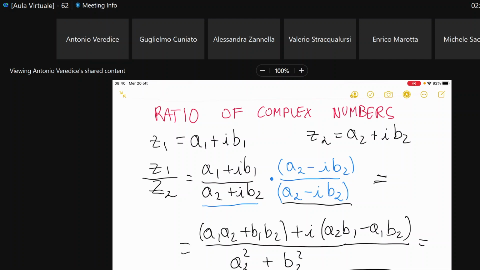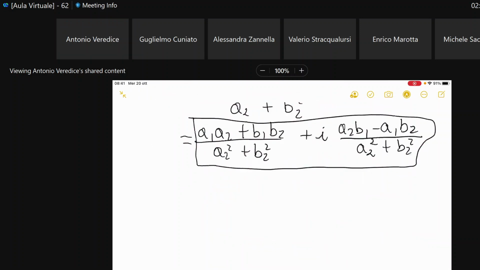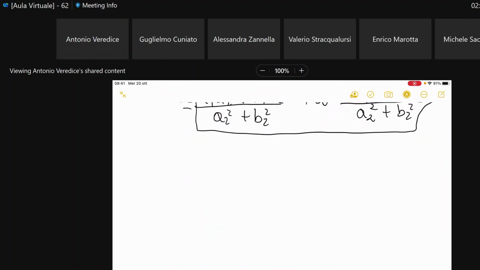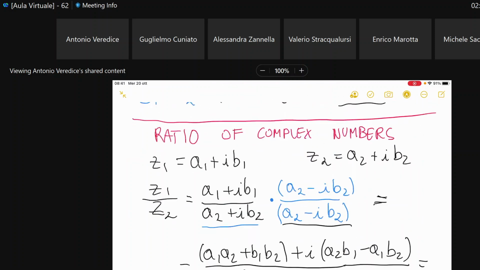Are you okay with this? Have you got questions about this? If you don't have questions, I want to be sure that this is okay for you, so a couple of exercises, keeping in mind the ratio between two complex numbers.